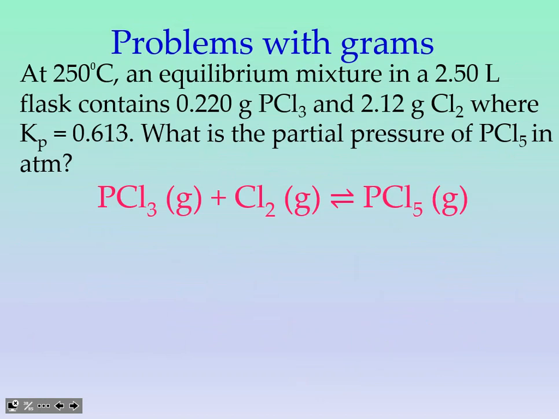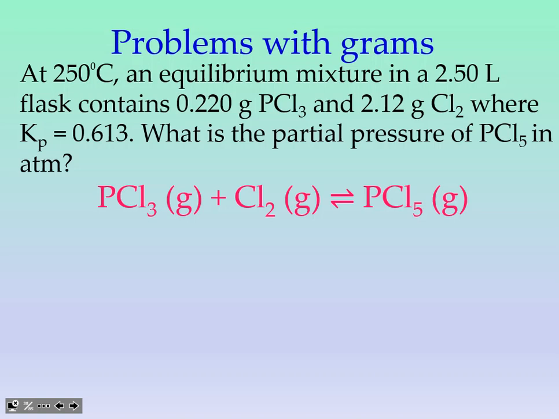Now for this fun one. I used the same information from the previous problem so we don't have to recalculate molar masses here, but let's think about what they give us. 250 degrees Celsius, equilibrium mixture, 2.5 liters.